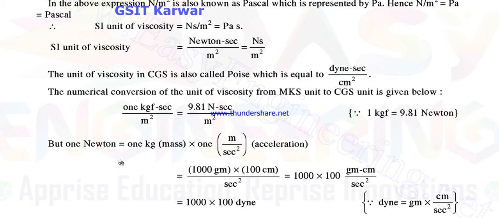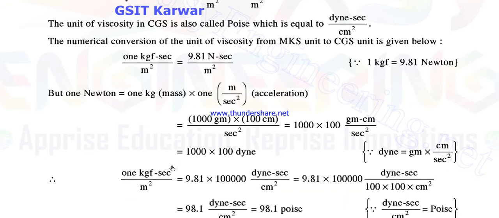If we take just kg, that is considered mass, but here it is 1 kg force. So you multiply by the acceleration due to gravity, whose unit is meter per second square.